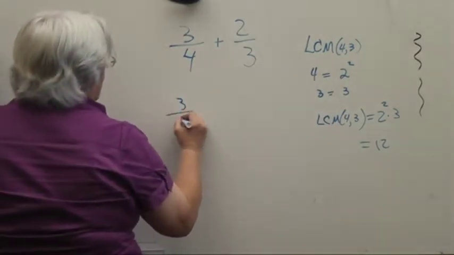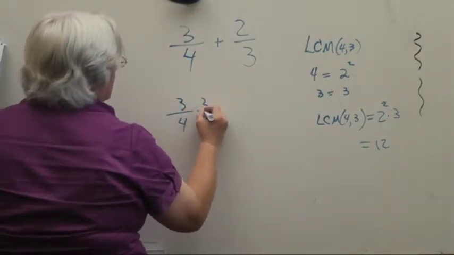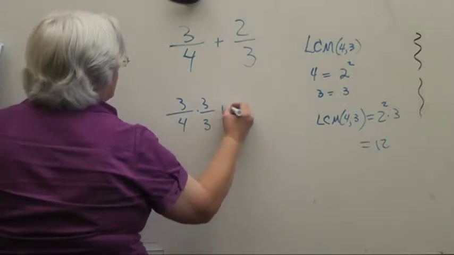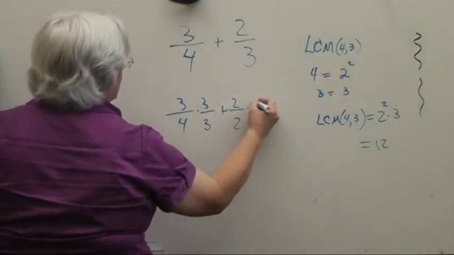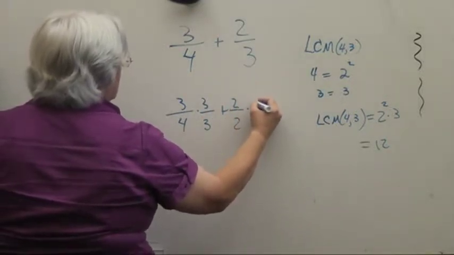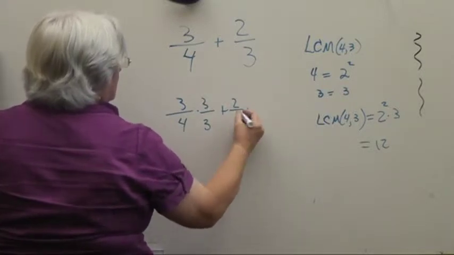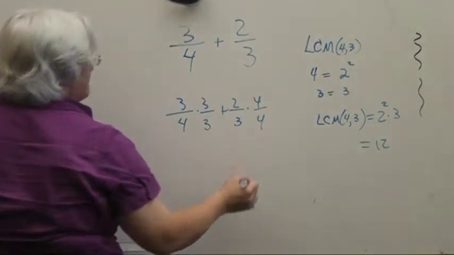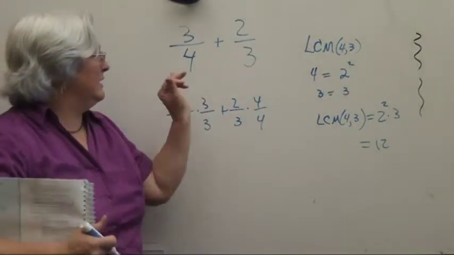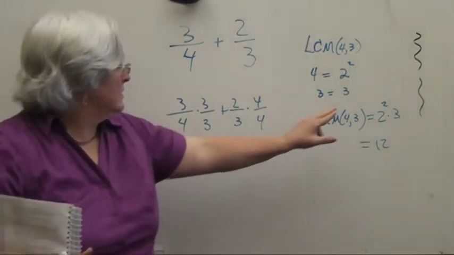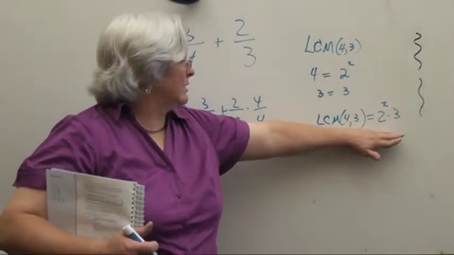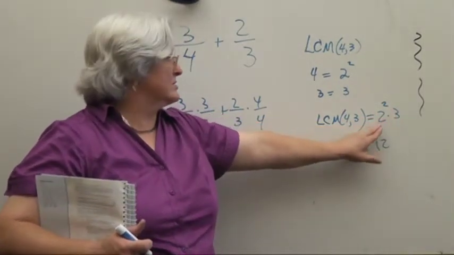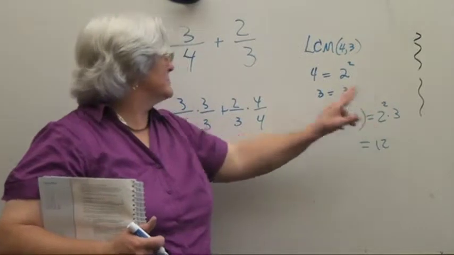You have to rewrite 3/4 as a fraction over 12. You have to write 2/3 as a fraction over 12. What I did here, 2 times 2 is 4. Our least common multiple is 4 times 3.